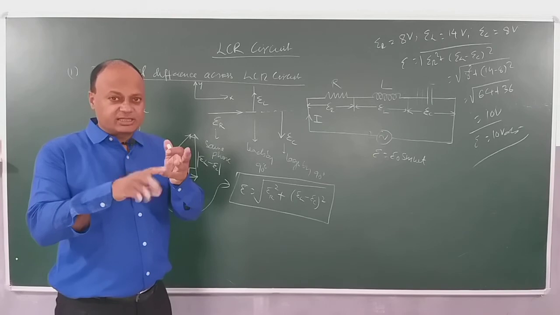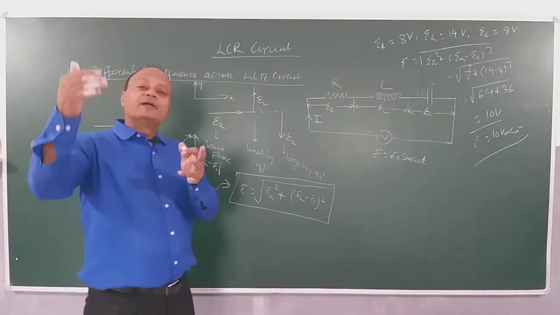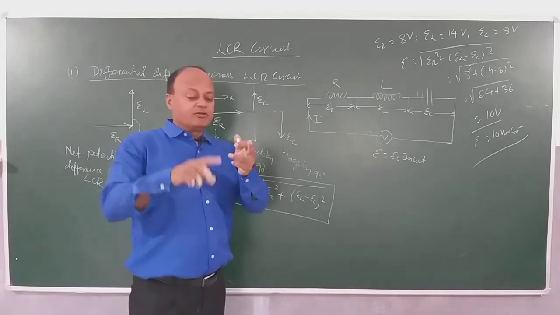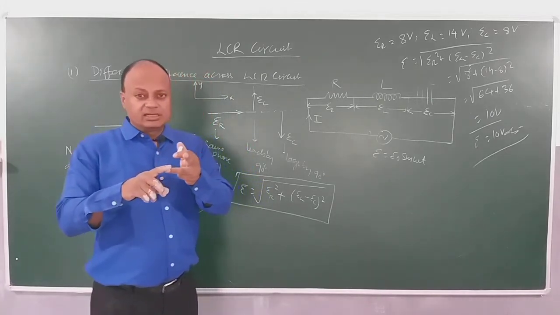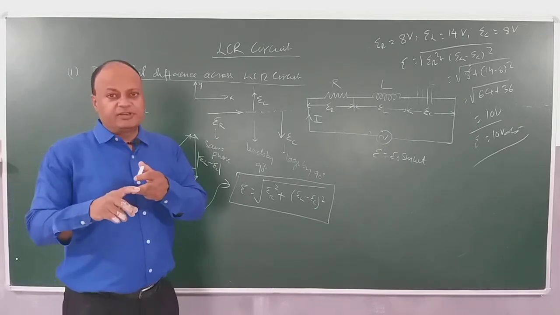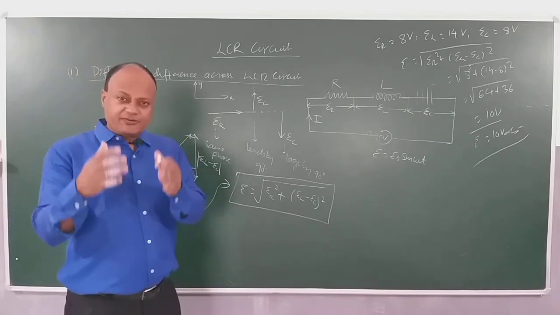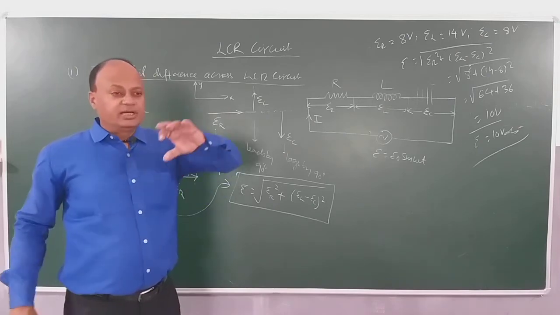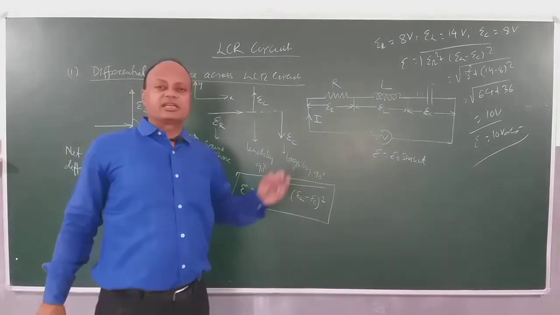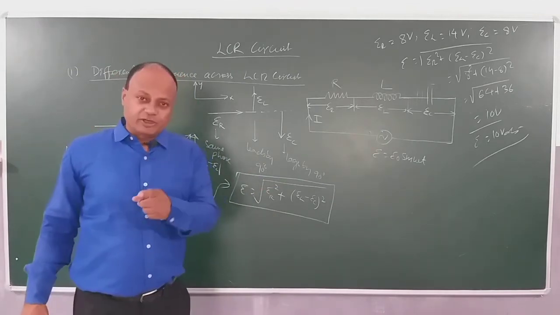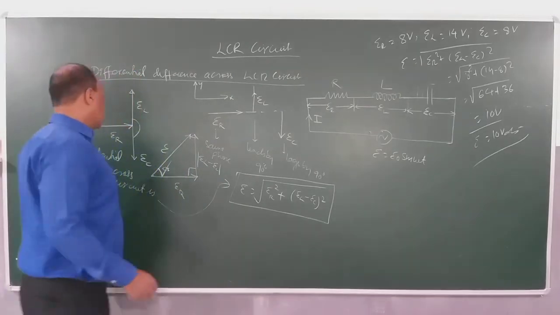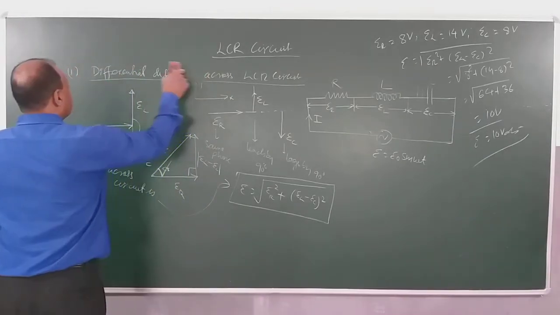One is the resistor, which will be dissipating heat and opposing the current. Then we have two more elements: inductive reactance and capacitive reactance. So the combined effect of resistance and reactance is the net opposition offered by the LCR circuit. So we are going to discuss an important topic for you, impedance of the LCR circuit, okay? Impedance, right?